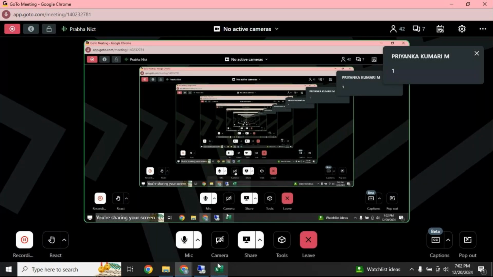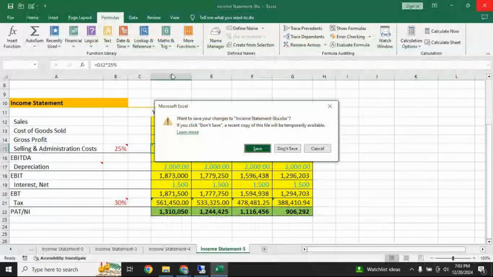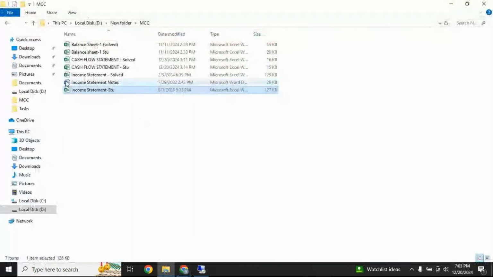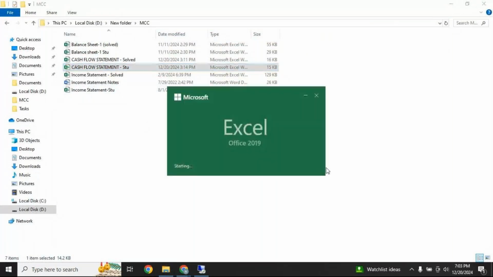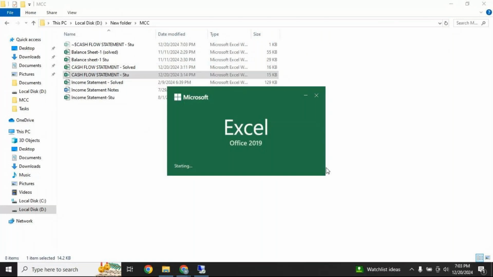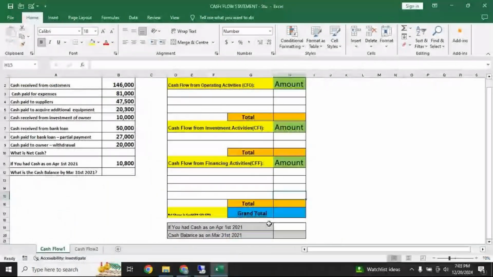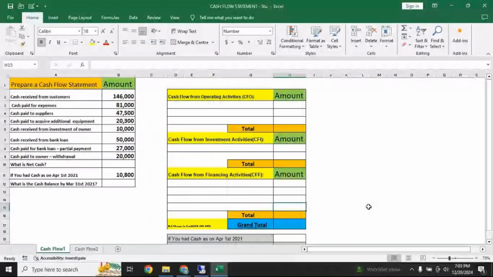Okay, so let's go for the cash flow statement. What are those?